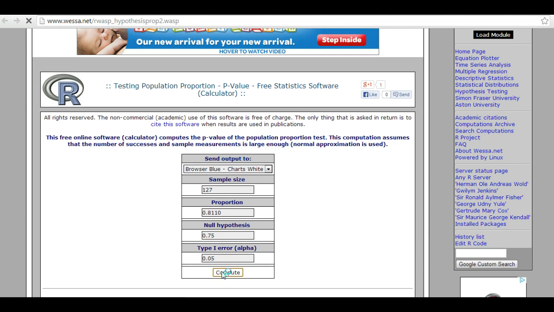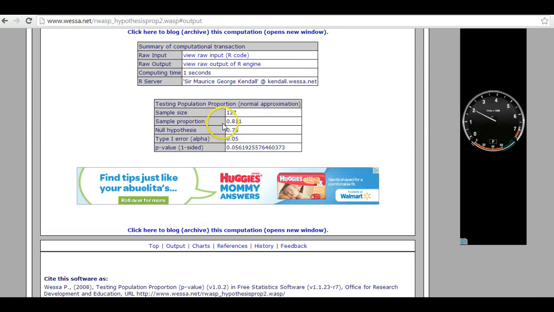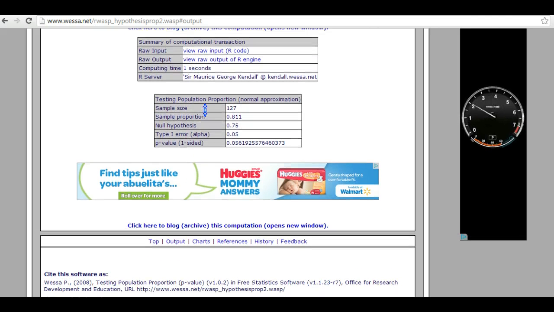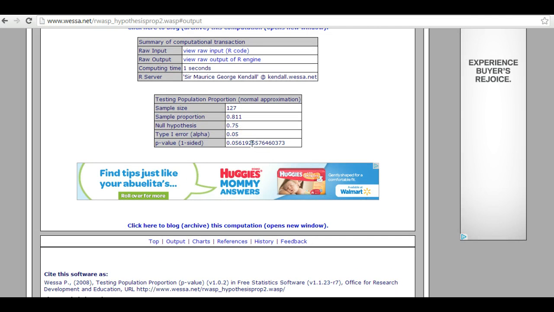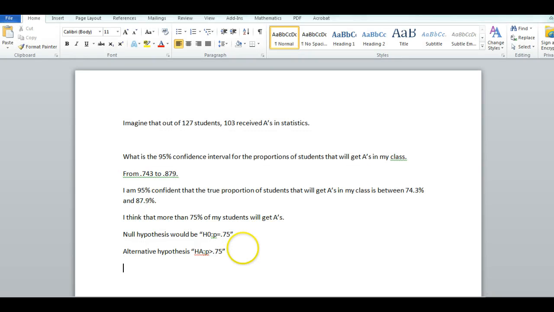So in this case, after computing, we end up getting a p-value of 0.0562.